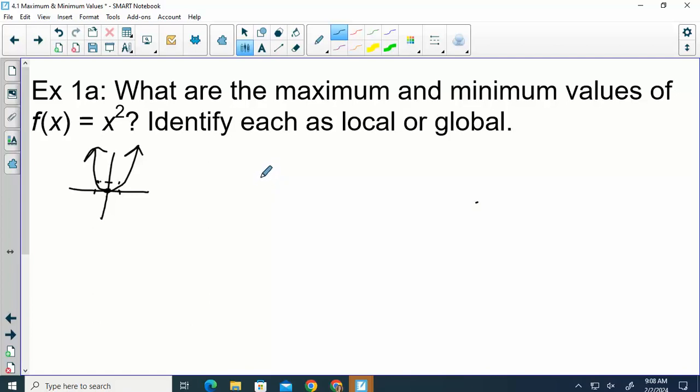No. So the point (0, 0), you can write it as an ordered pair, or you can say f of 0 equals 0. What would that point be? It's a minimum. Is it local or absolute? Both. It's lower than surrounding points, and it's the lowest on the entire graph. So it is both. And this one has no maxes.